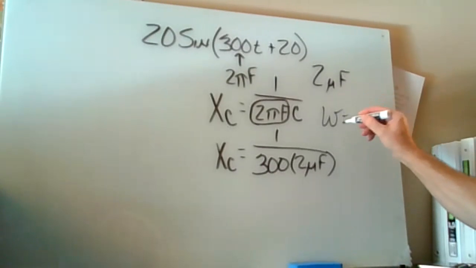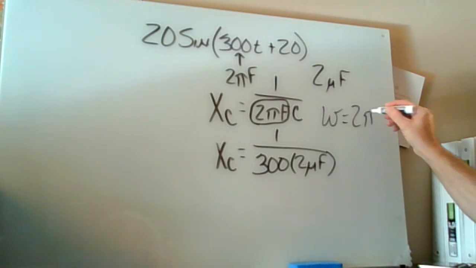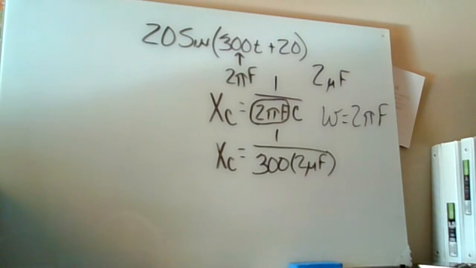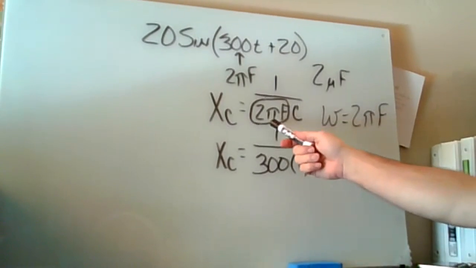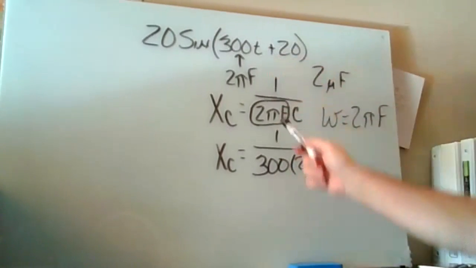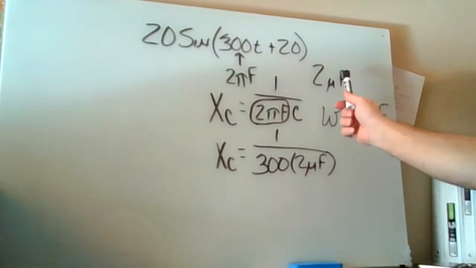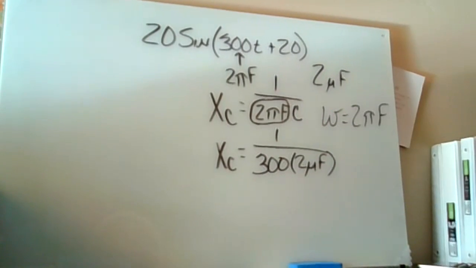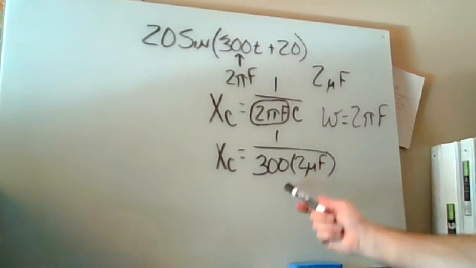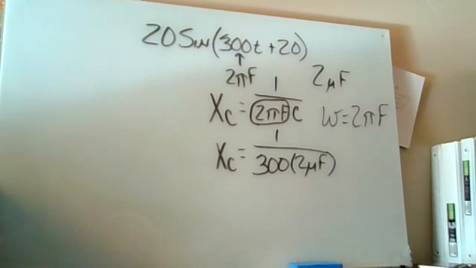Omega equals 2 pi f. Don't erase that. So you don't have to worry about 2 pi in the frequency here. You just plug the 300 in as the 2 pi f, multiply it by my capacitor value, get my answer, and it's still ohms at an angle of negative 90.